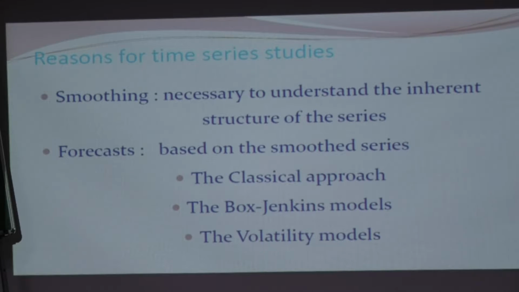Okay, and predict how much money I require on the 25th, given my spending pattern for the month. Okay. So you need to first smooth it and then forecast based on the smooth series. Okay. And the methods that are applied would be the classical approach, the Box-Jenkins models, and the volatility models. Okay.